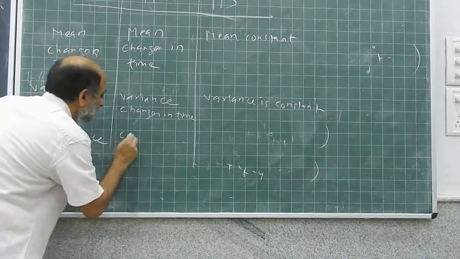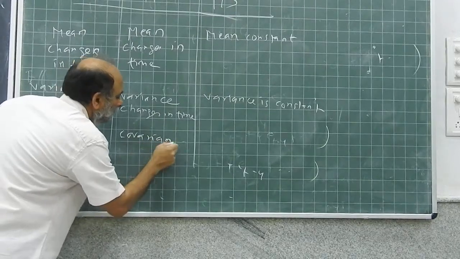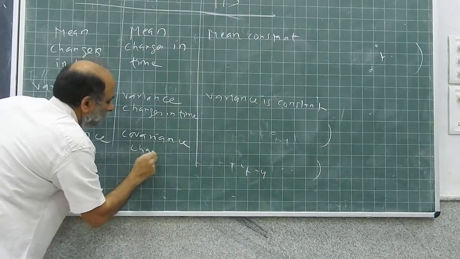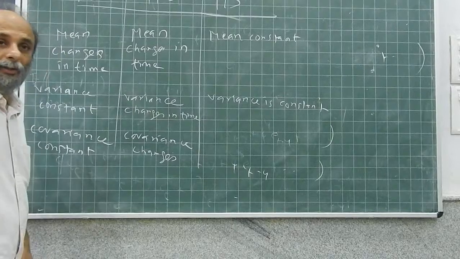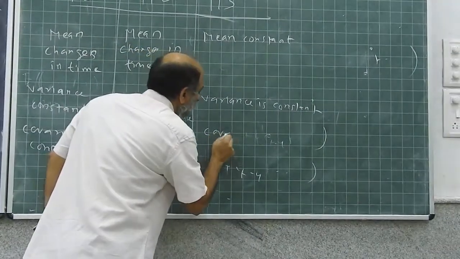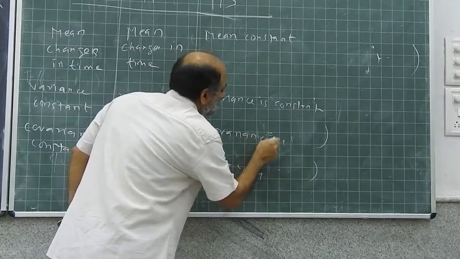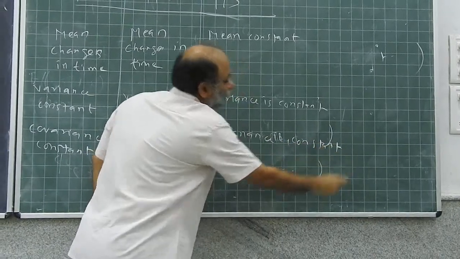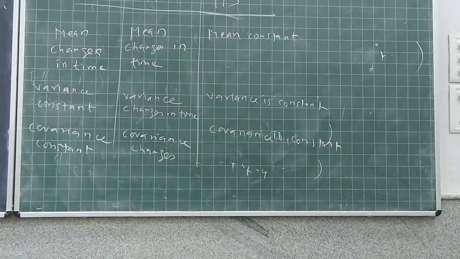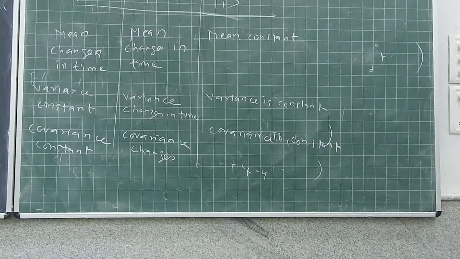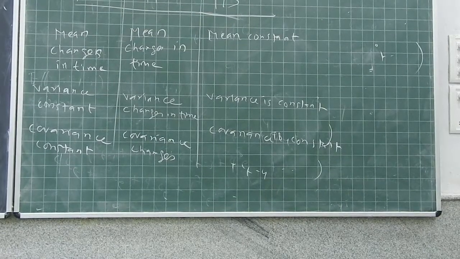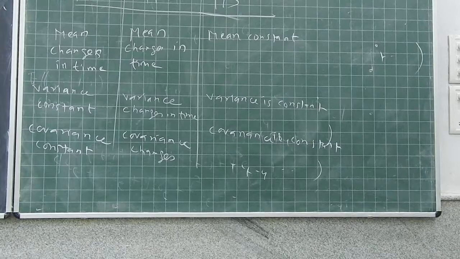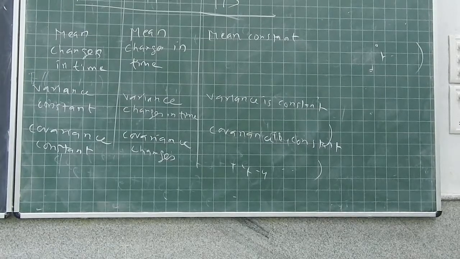Here, yeah? And here, covariance is constant, right? So M3 is unique in the sense mean, variance and covariance are constant. They are not functions in time.